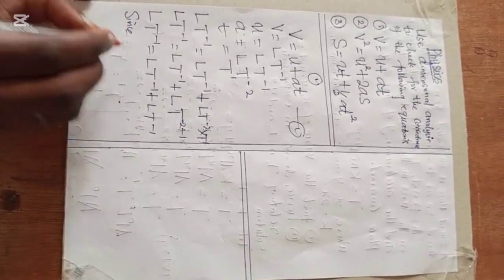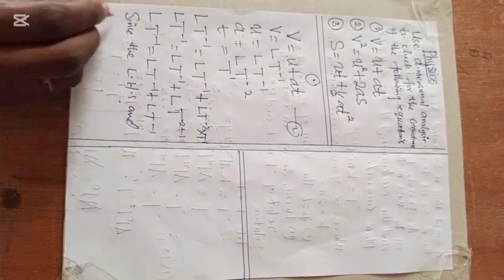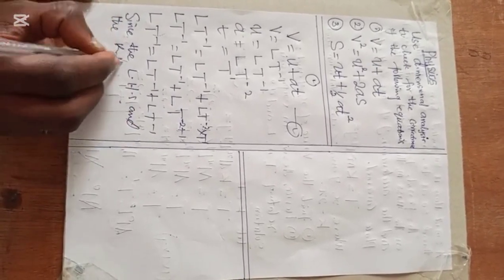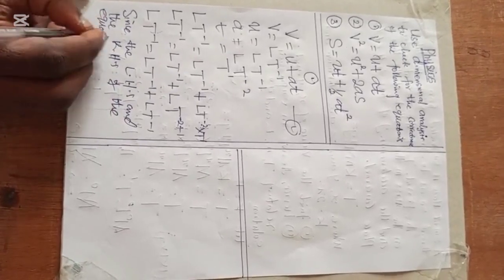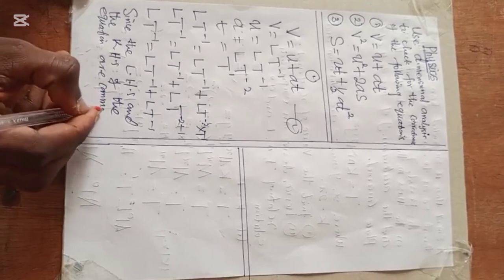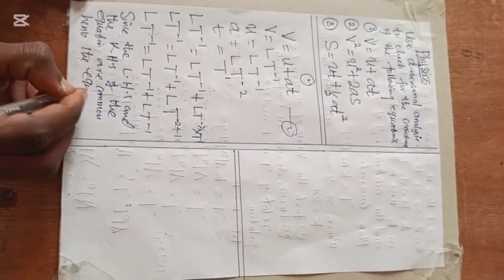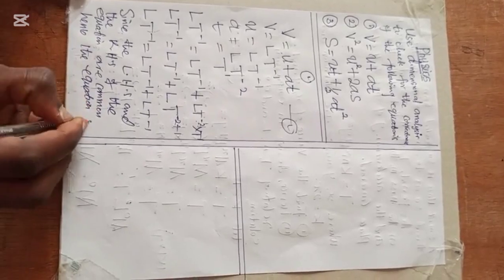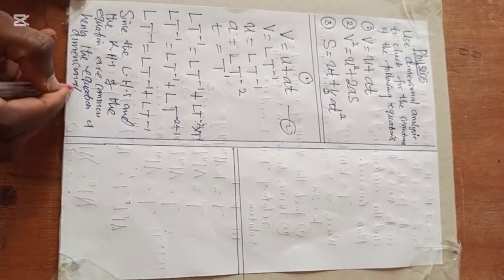Since the left hand side and the right hand side of the equation are common, hence the equation is dimensionally correct.